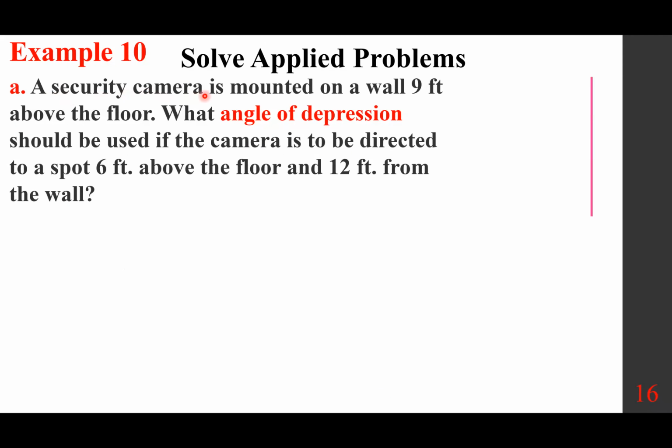A security camera is mounted on a wall 9 feet above the floor. What angle of depression should be used if the camera is to be directed to a spot 6 feet above the floor and 12 feet from the wall? We have to draw the setting. So this is 9 feet.